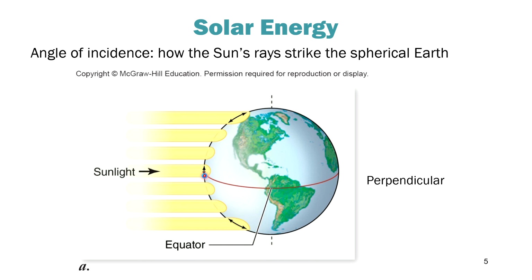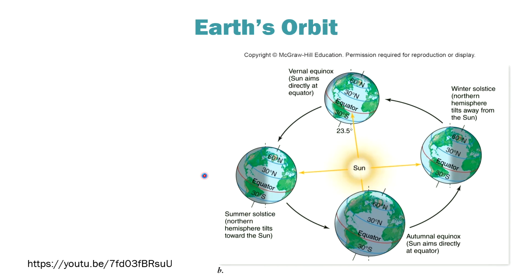So again, here we have near the equator, the sun's rays are hitting it at a perpendicular angle, but the further north and south you go, the light's hitting the Earth in a more angled manner. In addition to the spherical nature of our planet impacting the weather and climate, in terms of how the sun heats it, we also have the Earth's orbit, and we have a bit of a tilt on the Earth's axis.